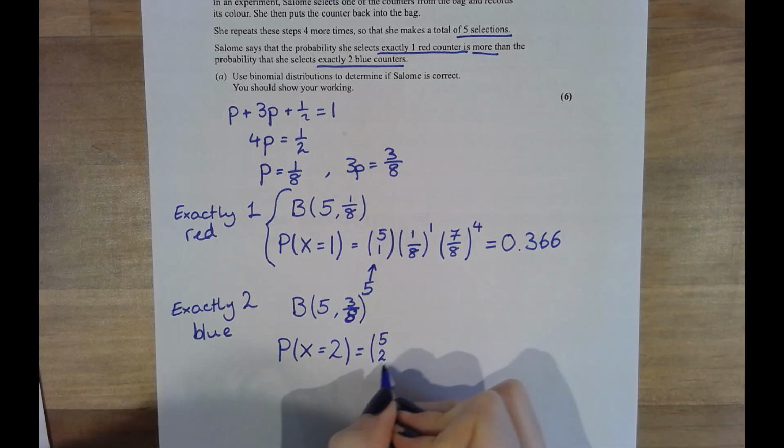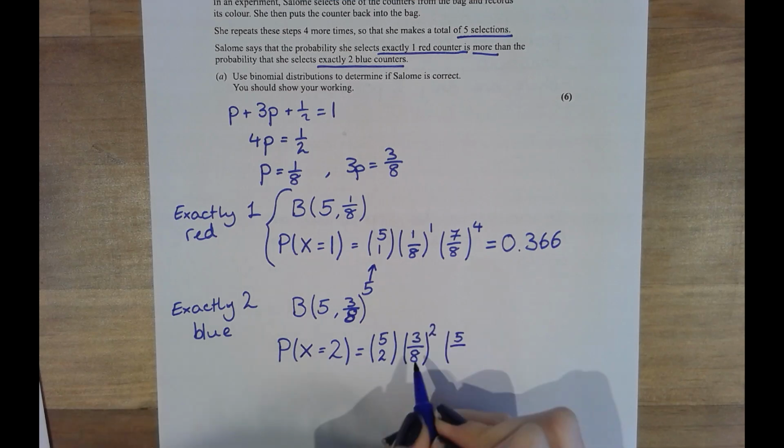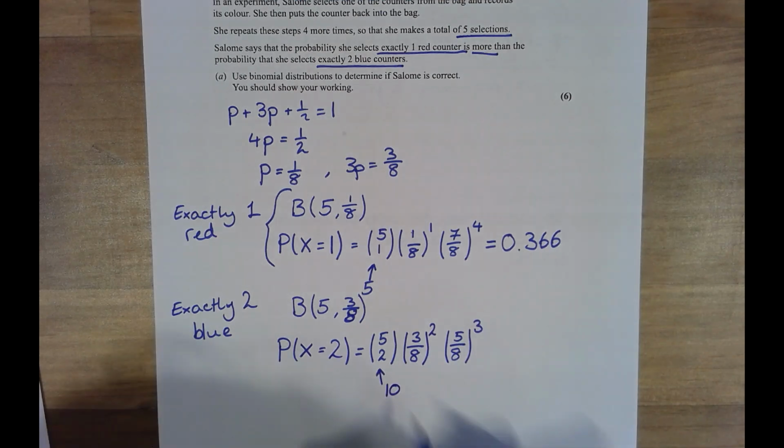Our probability of succeeding is 3/8, that's our probability of choosing blue. It's 3/8 that we succeed. The rest of the time, so 5/8, must be a failure, and we must fail 3 times to choose that blue. 5 choose 2 then, using our calculator, or just knowing it, we know that that is equal to 10.